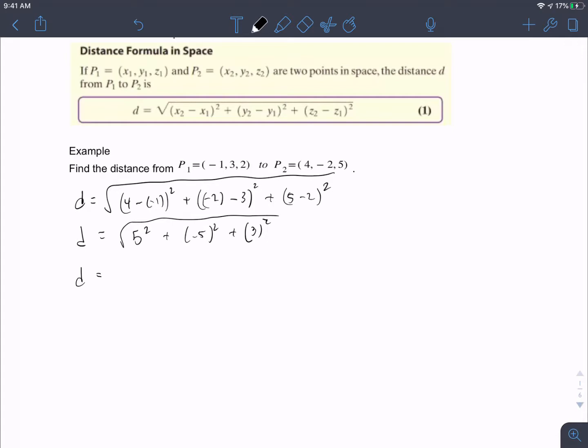So the distance will be the square root of 25 plus 25 plus 9. The distance between these two points is the square root of 59 units, whatever the units being used are. Very straightforward. It's just like the problems that we've done in the past. It's not a big deal. Okay.